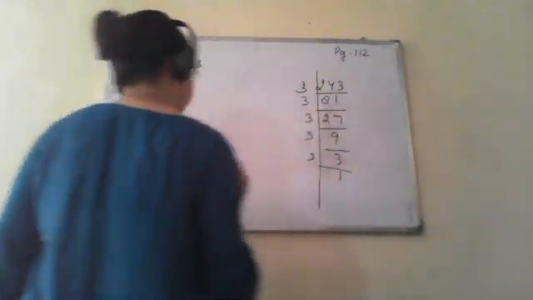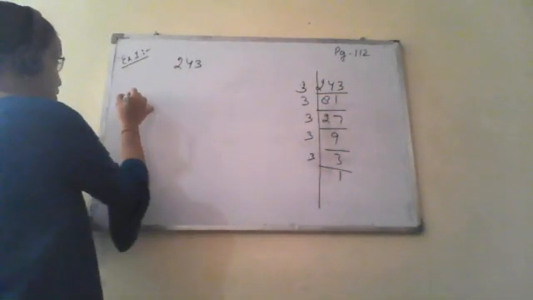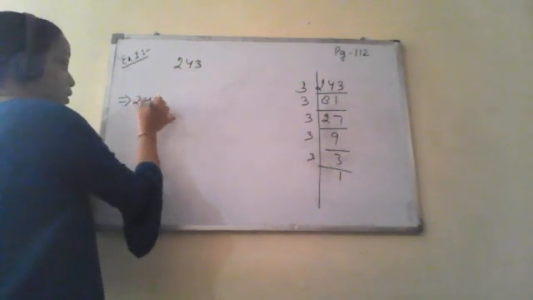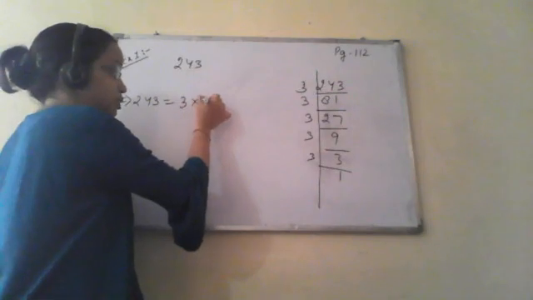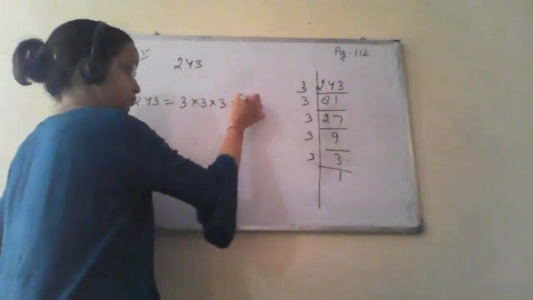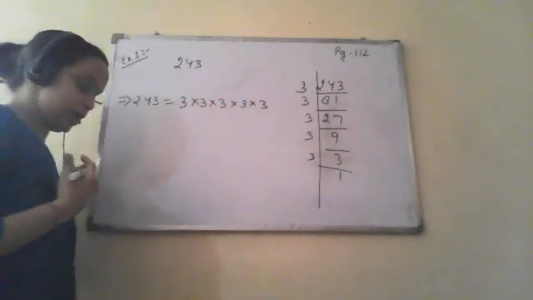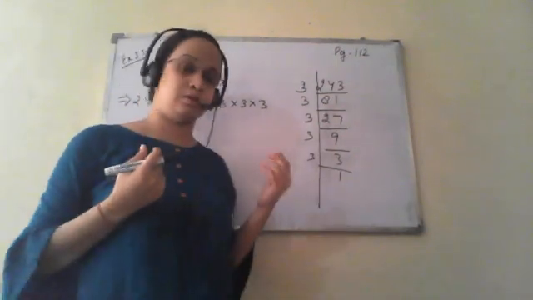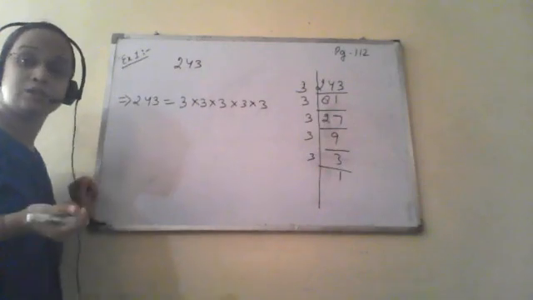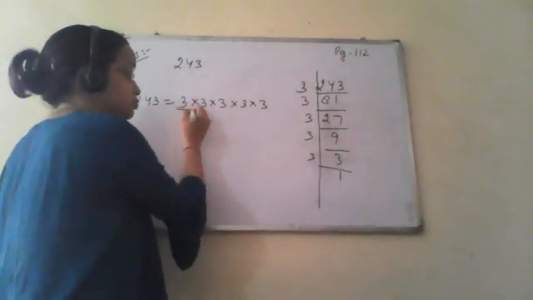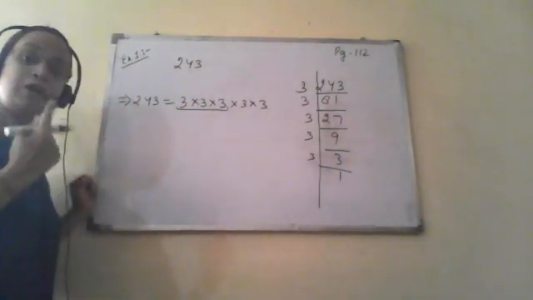So this 243 can be expressed as 3 into 3 into 3 into 3 into 3. Like in the case of squares, where we took one number from a pair, now we will take from a triplet, that is from a set of three numbers we will take out one.